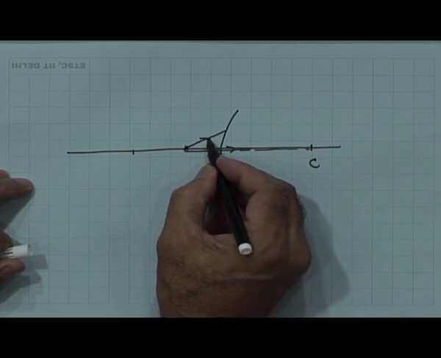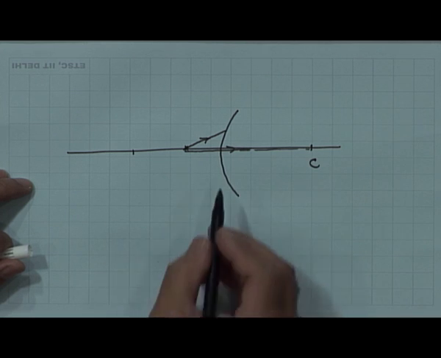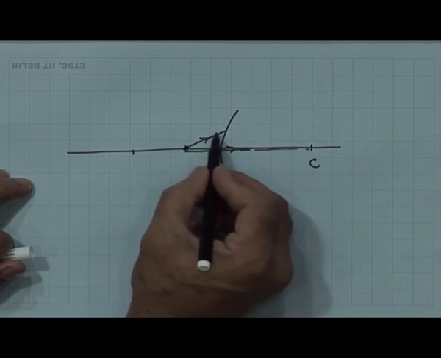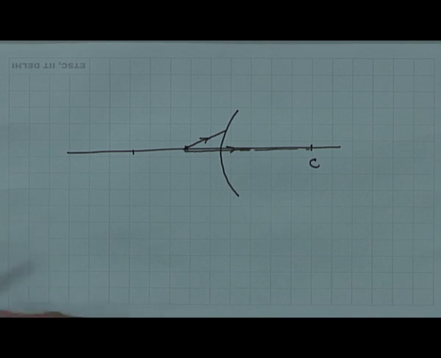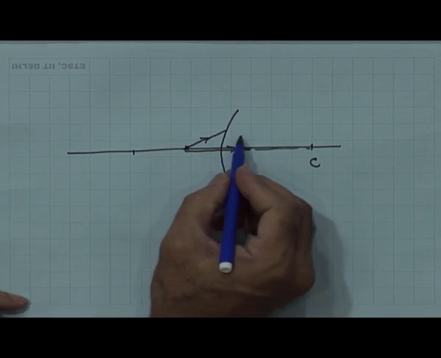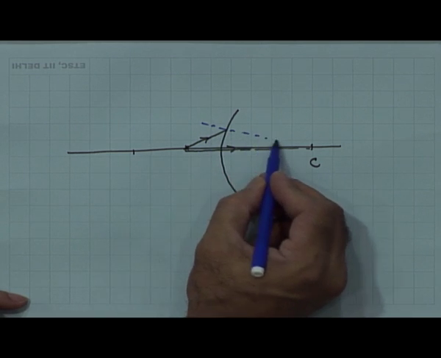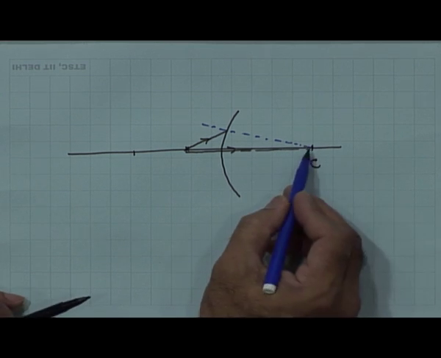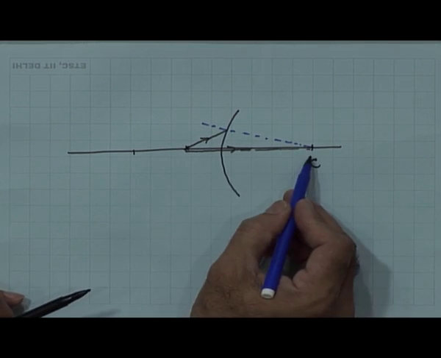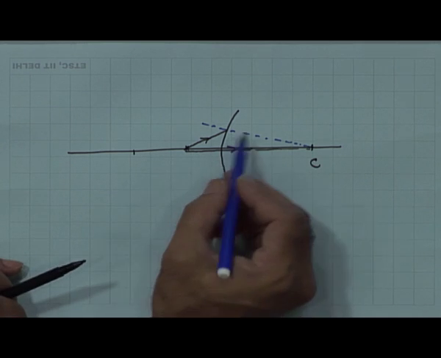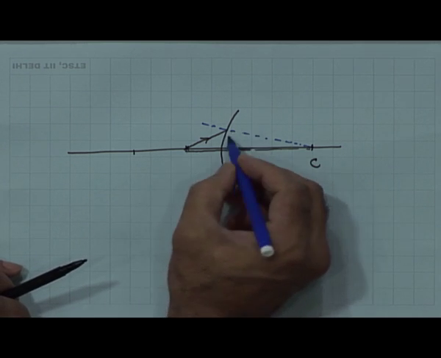The second ray, I am picking any arbitrary ray which is like this. If I draw the center of curvature here, so the normal to the surface, let me use a different color. So, this is the normal to the surface, which is the line joining the point of incidence to the center of curvature.